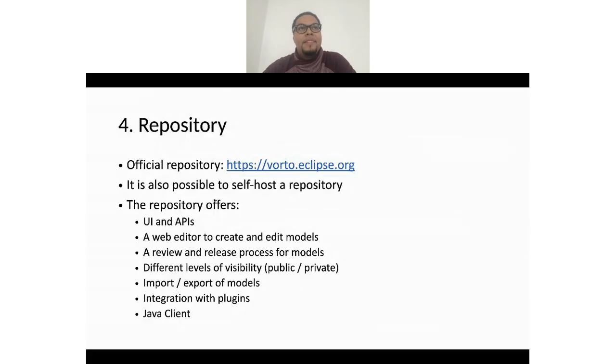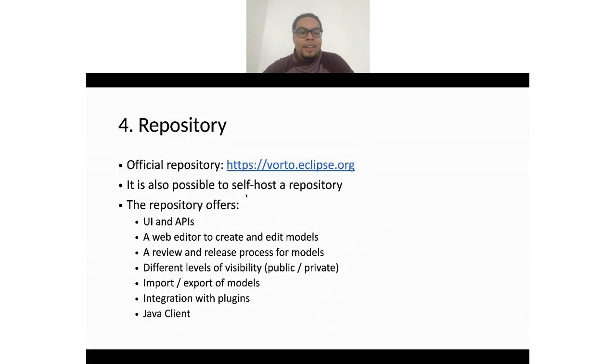You can sign up to the repository using your GitHub account, and you can start to create your own models on there. But it's also possible to host the repository yourself if you feel like that suits your needs. So we do offer a Docker container, but you can also just check out the source code and build the repository yourself.